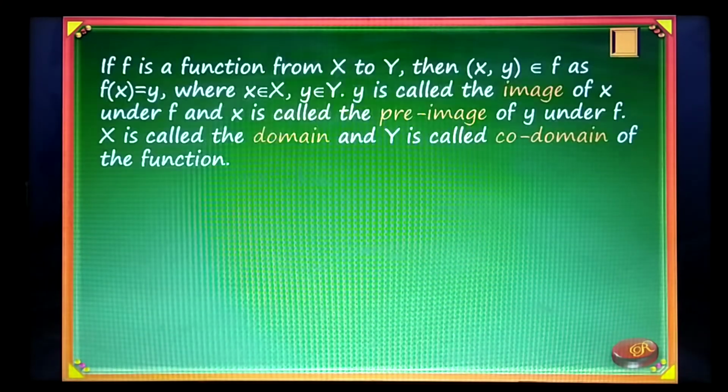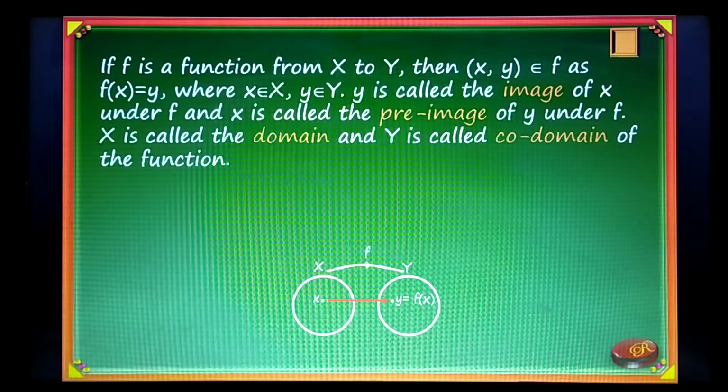If f is a function from set X to set Y, then ordered pair (x, y) belongs to f as f(x) = y, where x belongs to X, y belongs to Y. y is called the image of x under f and x is called the preimage of y under f.